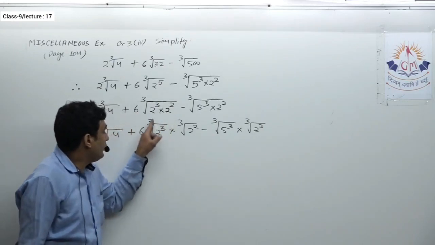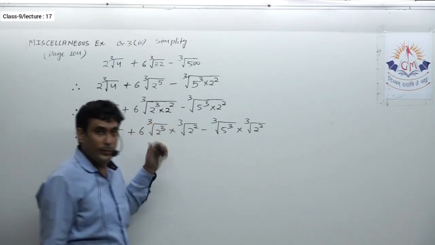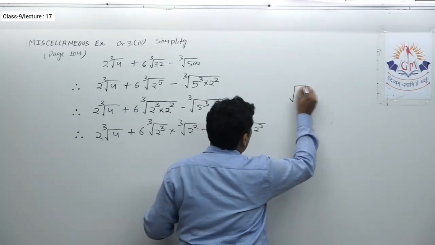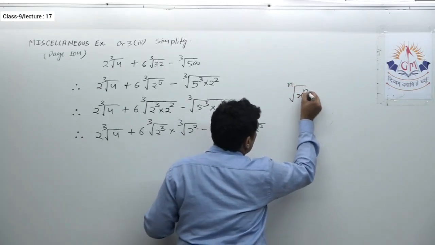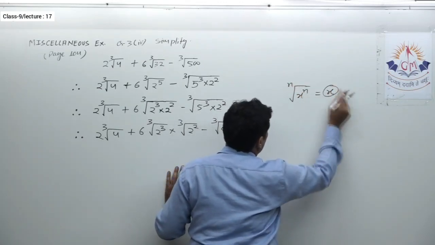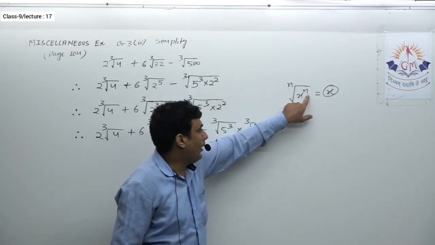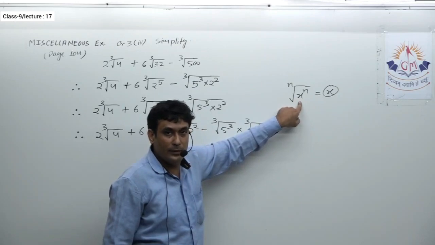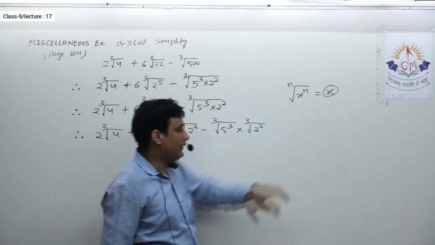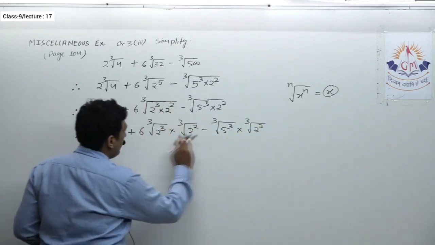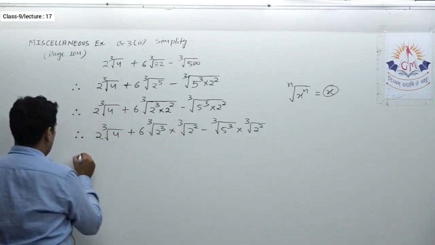Now this is the cube root of 2 cube, so this will become 2 only using this law. If you remember, this becomes x itself. That means if the order and the power are the same under the radical sign, then the value will be x itself. So here the value will be 2 itself, here the value will be 5 itself.